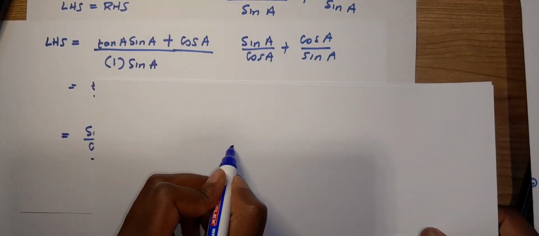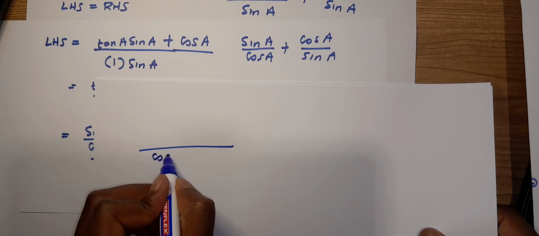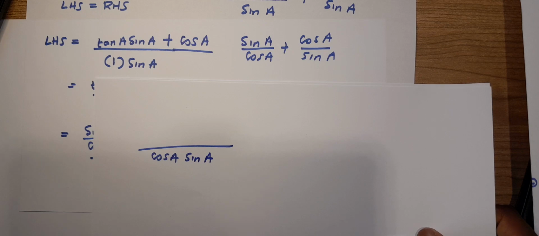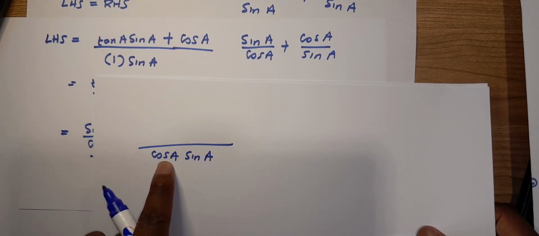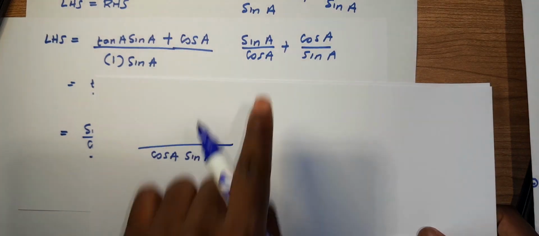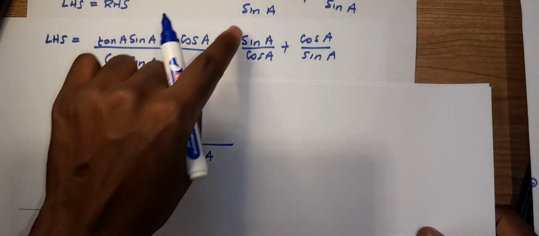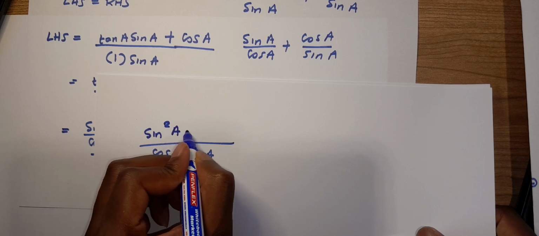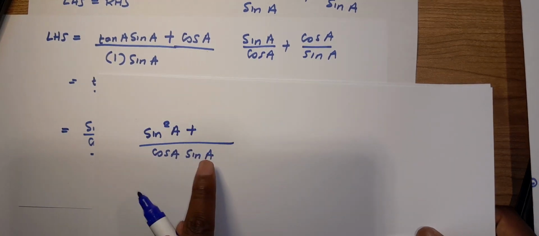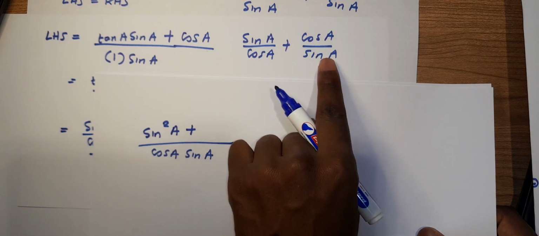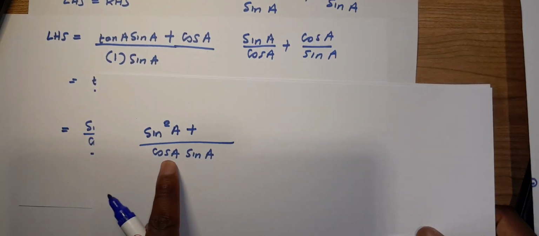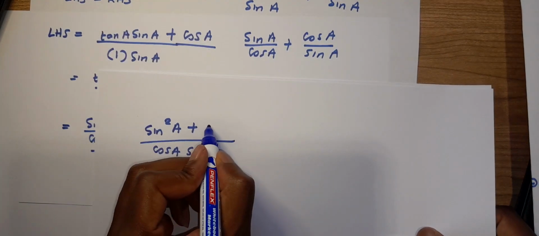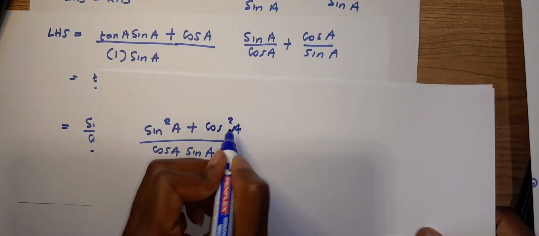So the lowest common denominator, I'm going to have the cos of A times the sine of A. So the cos of A will divide the cos of A, and I'm going to have the sine of A times the sine of A, the sine squared of A, plus the sine of A will divide the sine of A, and then the cos of A will times the cos of A, so I'm going to have the cos square of A.